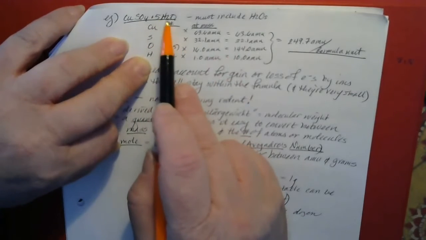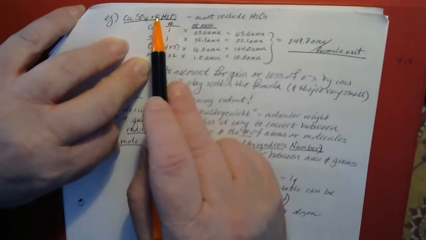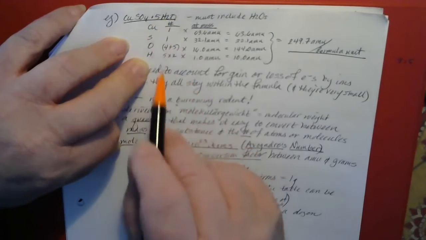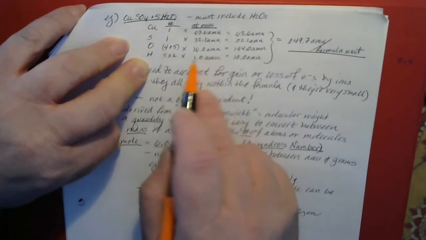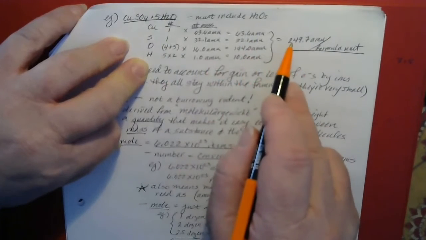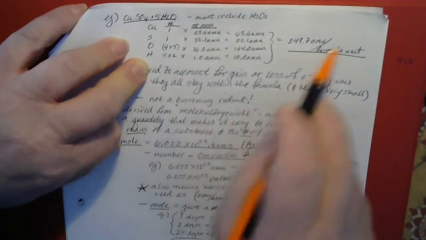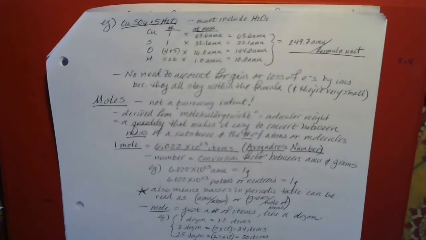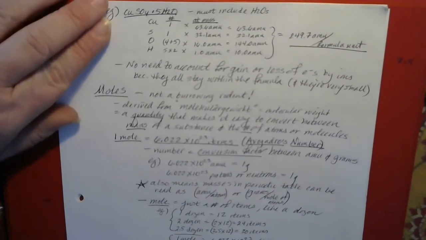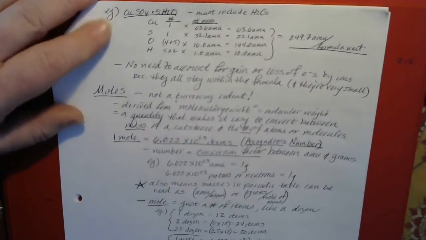And for hydrogen, you've got 5 H2Os with 2 hydrogens each. That's 10 times 1 atomic mass unit each. And then when you add these numbers up, you get 249.7 atomic mass units per formula unit for copper sulfate pentahydrate. So just be sure you include those H2Os in the mass.